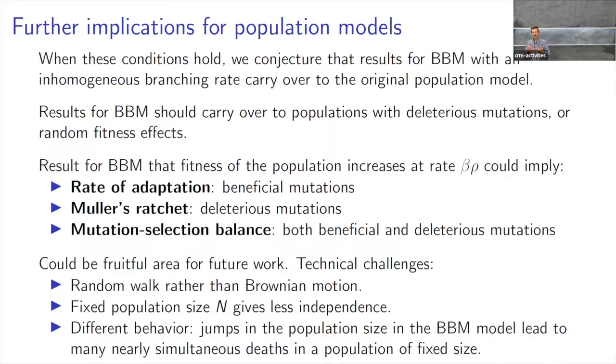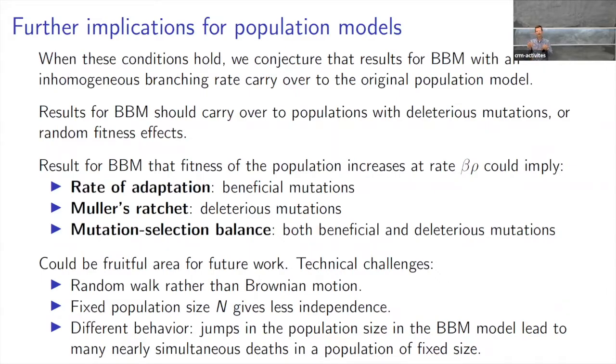That's probably manageable because there are already many papers which take results for branching Brownian motion and carry them over to the case of branching random walk. But more importantly, one loses a lot of independence when considering a population of a fixed size rather than allowing the individuals to branch independently. And this makes calculations much more challenging.